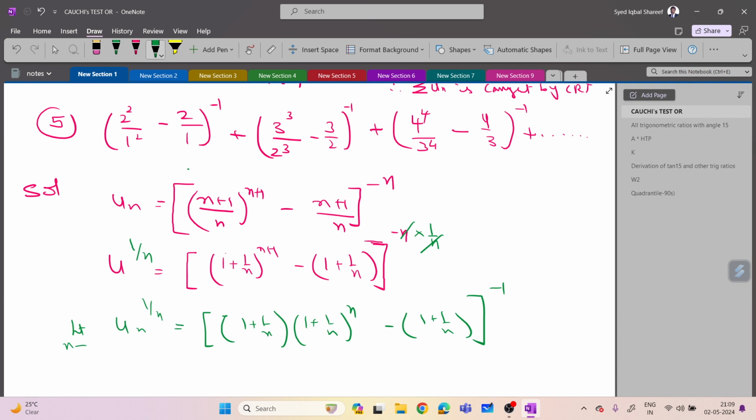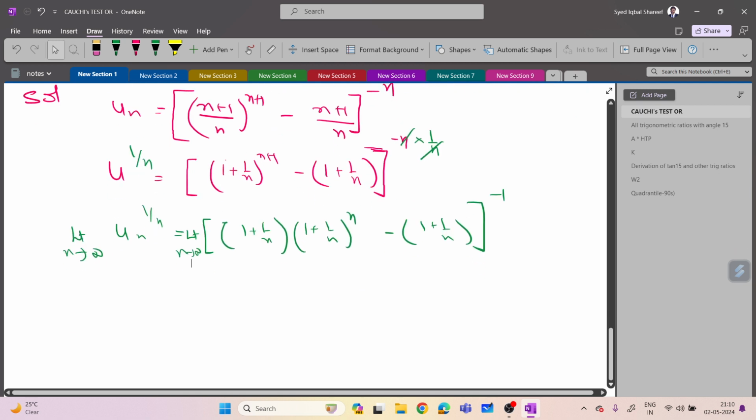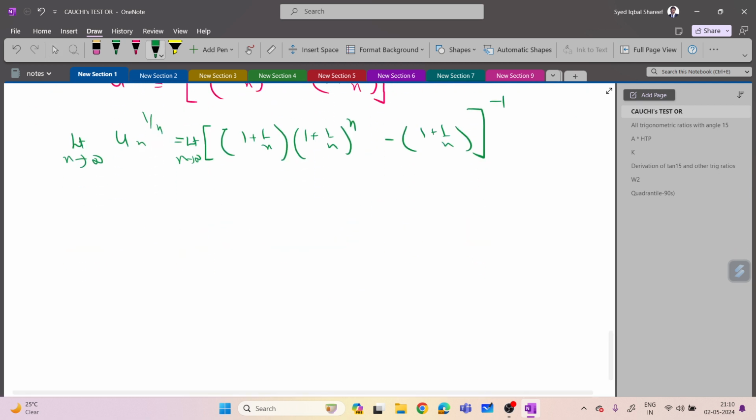Now apply the limit n tends to infinity. You see, as n tends to infinity, 1 by n tends to 0. 1 plus 1 by n whole to the power of n is e.